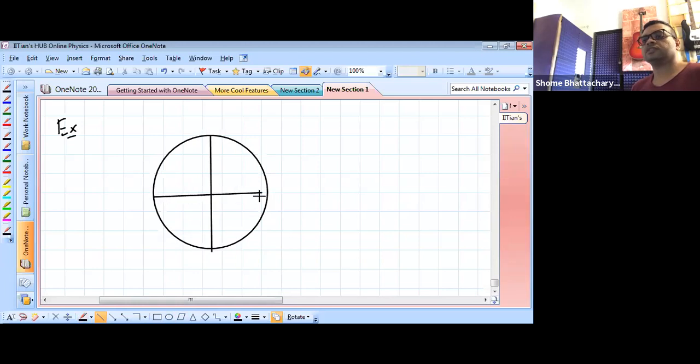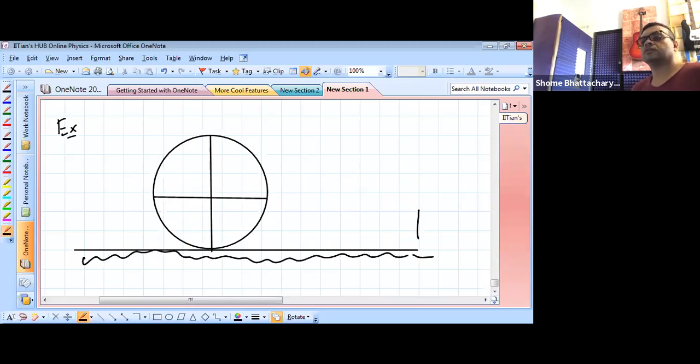This is the cross-sectional view of a cylinder made of some kind of non-conducting material, which is lying on a rough surface like this. So this is a rough surface, and this is, let's say, a wooden cylinder of mass m and radius r.